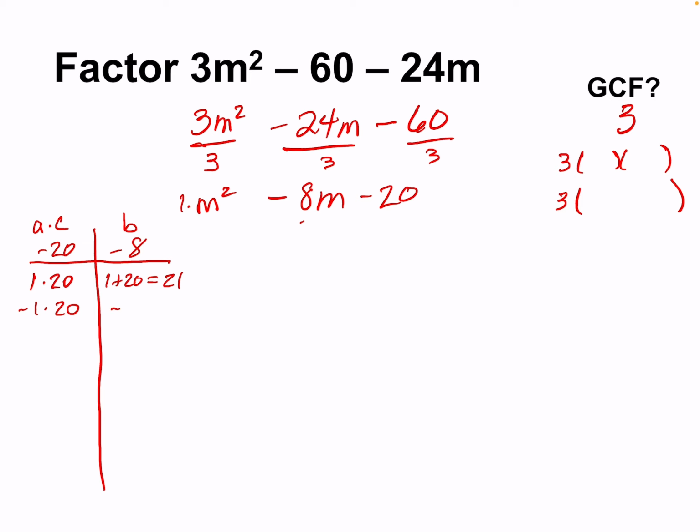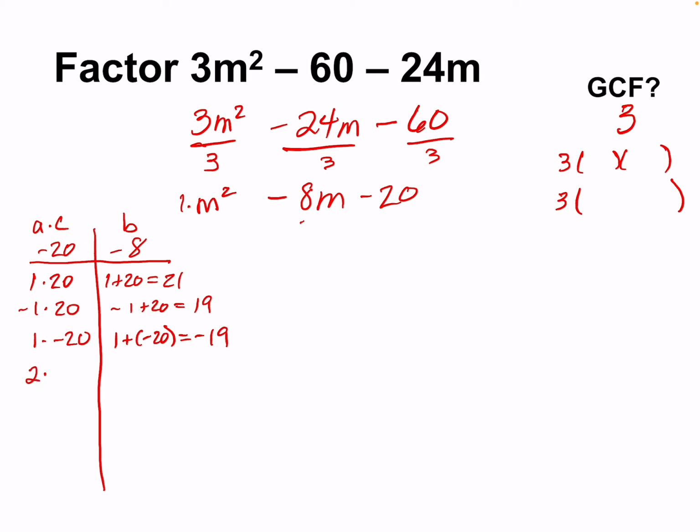When I add those together, I get a positive 19, and I'm looking for a negative number. So let's put the negative over here on the other factor. 1 times negative 20 is still negative 20. When I add those together, now I get a negative answer. Okay? We're on the right track.